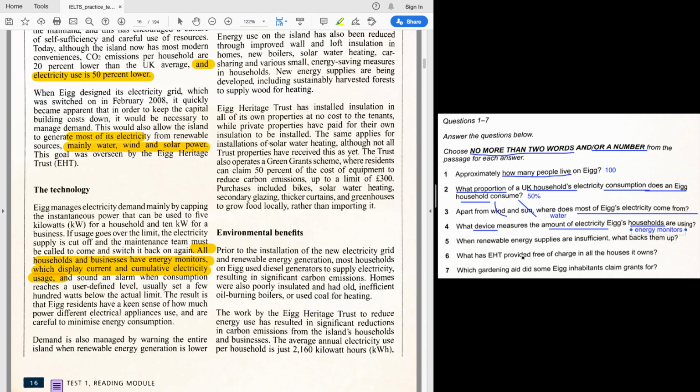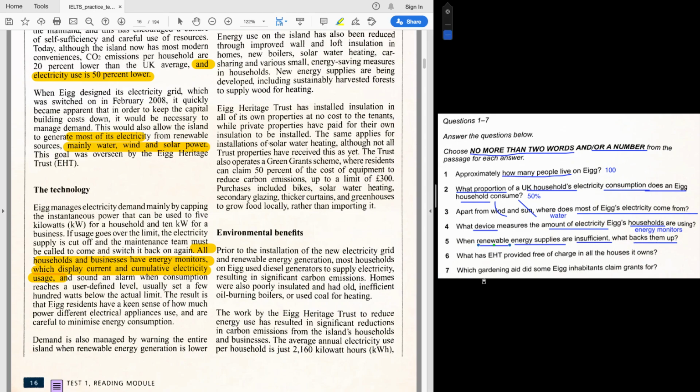Right, good. Now, when renewable energy supplies are insufficient, what backs them up? We need to paraphrase this question to ourselves just to understand what exactly it asks from us. In other words, when there's not enough energy, what supports or helps those renewable energy supplies?